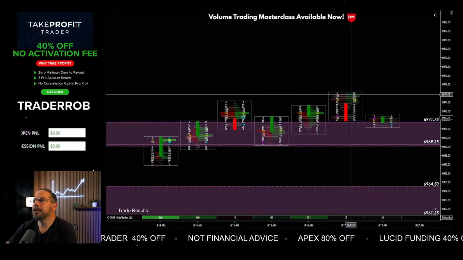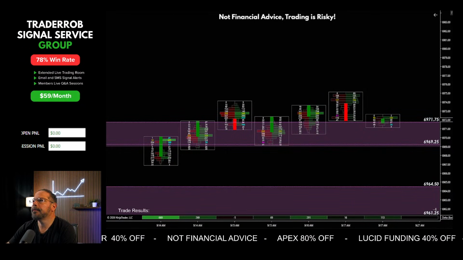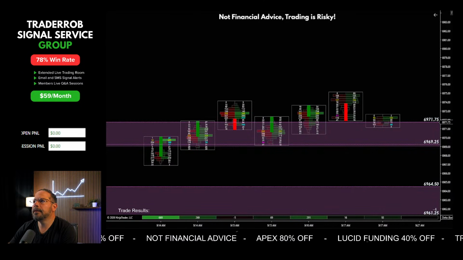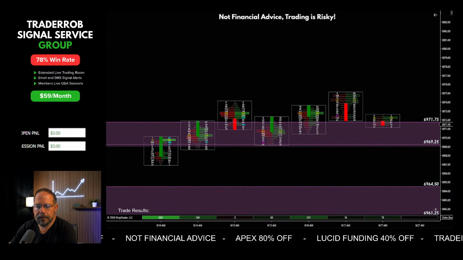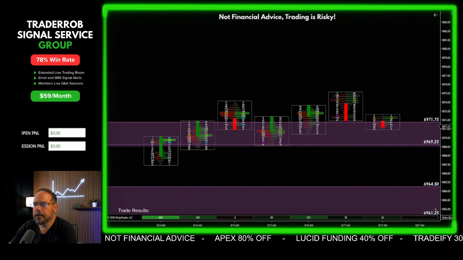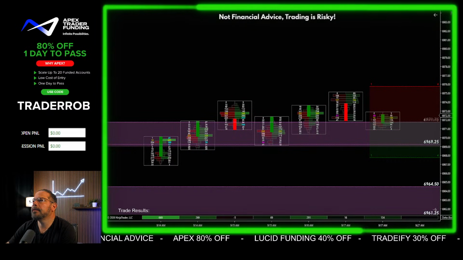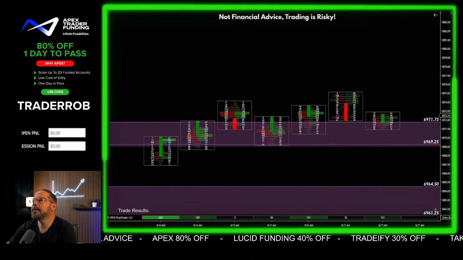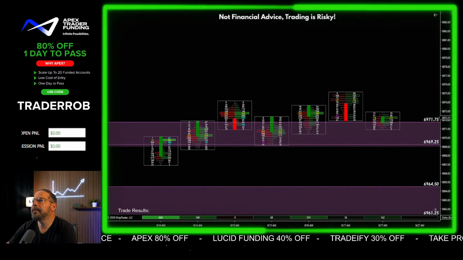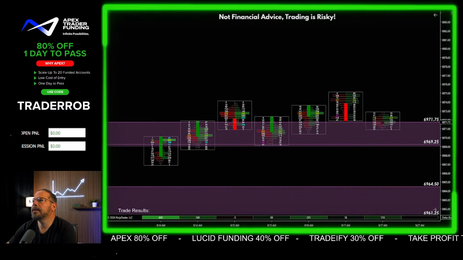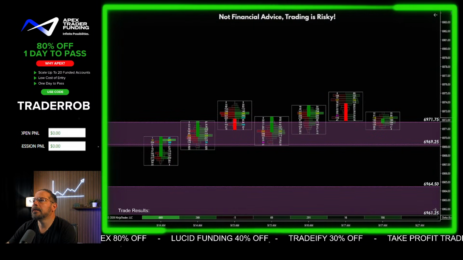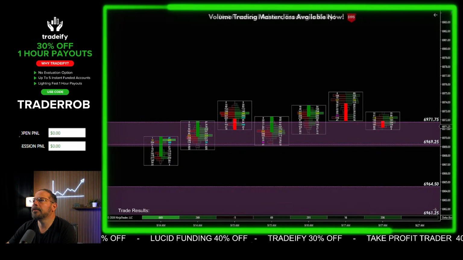Was the first real sweep right there. Negative delta. I'm going to take a short here on the ES. Let's just see if we can get a better price possibly here. A lot of positive delta. Let's see if we could flip that. That was the first real sweep.